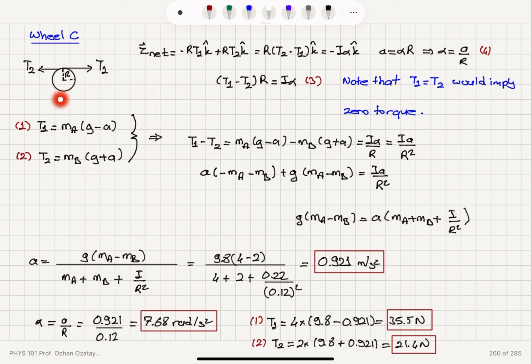If we write the net torque acting on this, R cross F, the perpendicular distance from the pivot point to the application point of the force multiplied with T1 is, using the right hand rule, in the minus k hat direction. We point towards the application point, curl our fingers towards T1, and the thumb points into the page. And for T2 we have the opposite torque, R T2 k hat.